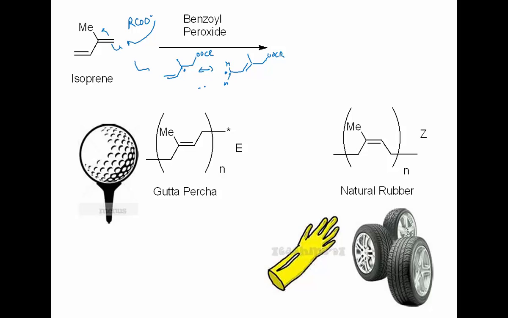And this is going to react with another one. Okay. Okay, and I think we have, where's our double bond here? Okay, and this happens over and over many, many times, and this gets us our polymeric system.